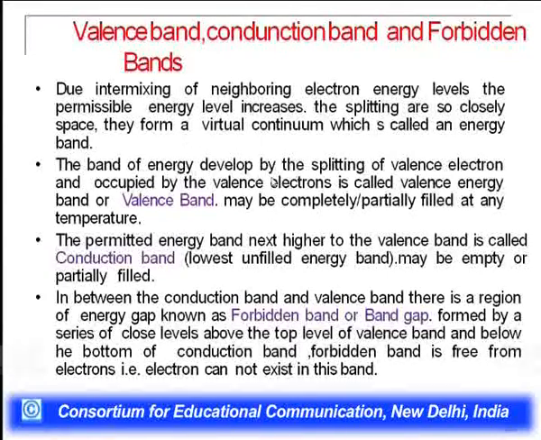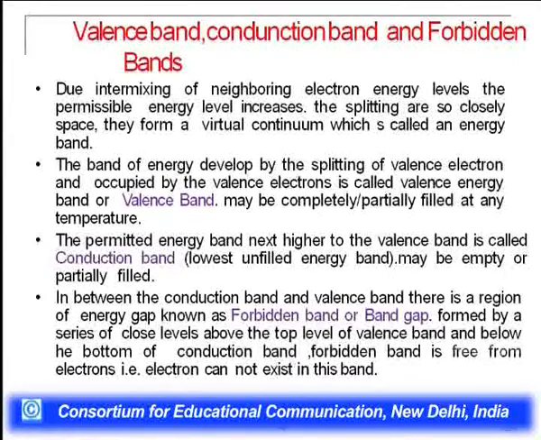The band of energy developed by the splitting of the valence electrons and occupied by the valence electrons is called the valence energy band, or the valence band. It may be completely filled or partially filled at any temperature, and it is at the lower state. The permitted energy band next higher to the valence band is called the conduction band, the lowest unfilled energy band, and it may be empty or partially filled.